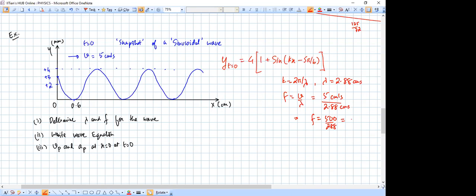So we can write it as 125 by 72 hertz. Something like this. Okay.